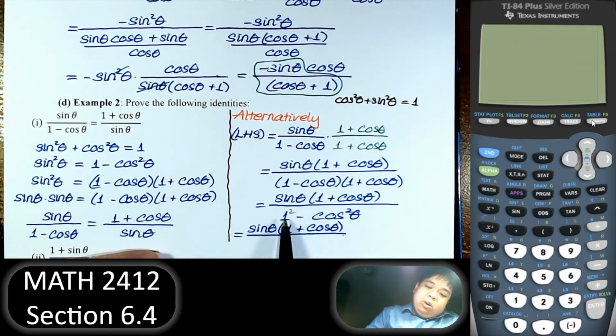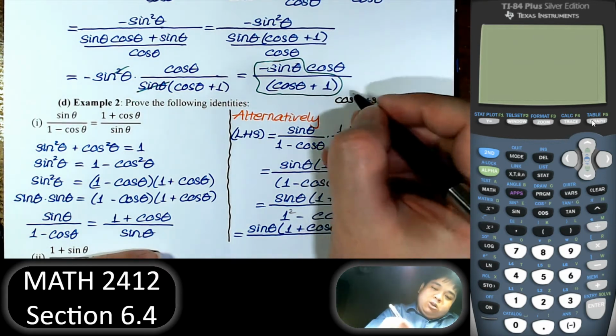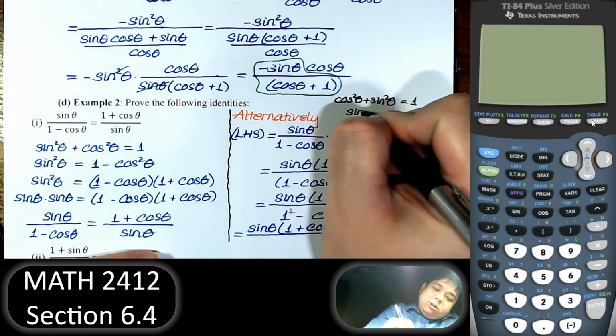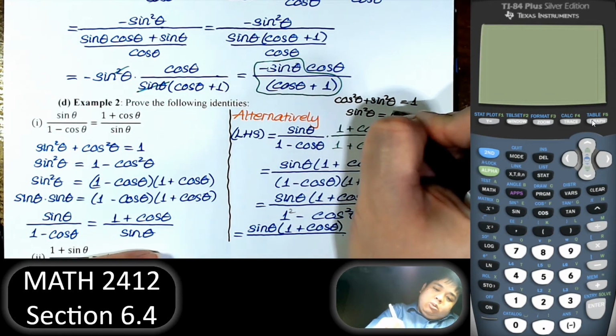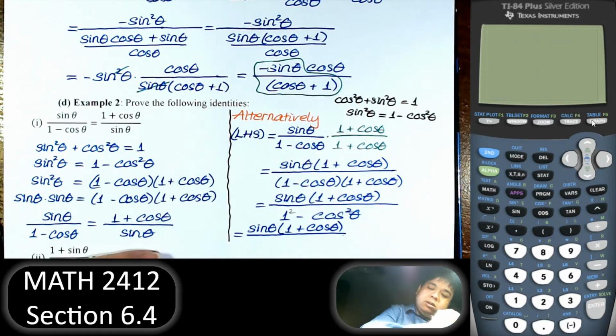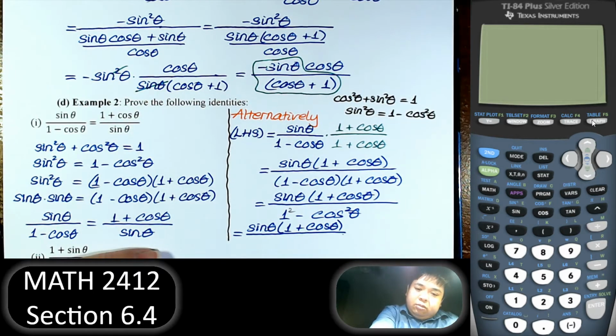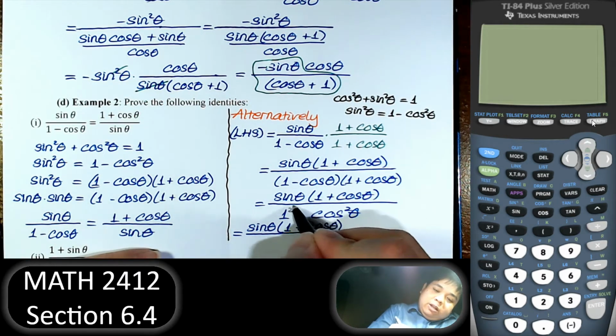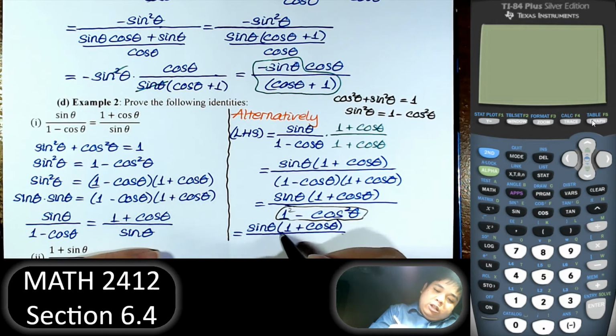Now here we have 1 minus cosine square, so subtract cosine square on both sides. So sine square equal to 1 minus cosine square. So we have this at the bottom, which is equal to sine square.